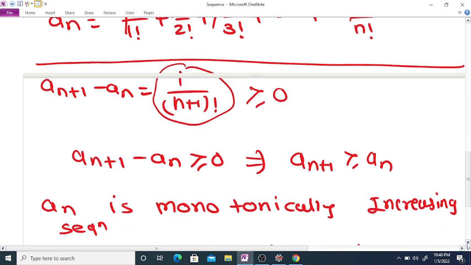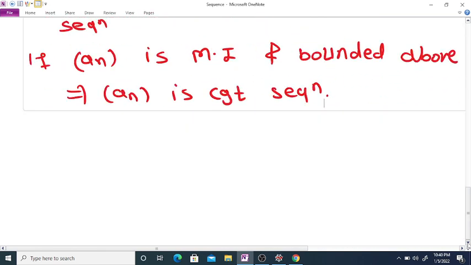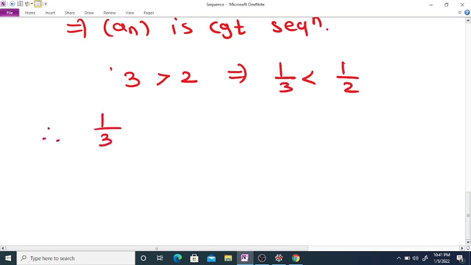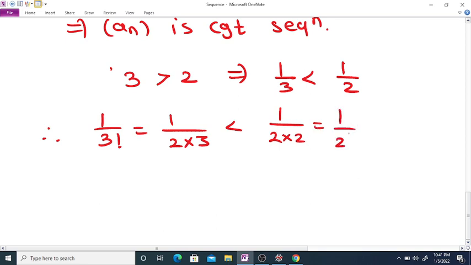So we know that 3 is greater than 2. From this we can write 1 by 3 is less than 1 by 2, and therefore 1 by 3 factorial is equal to 1 divided by 2 into 3, which is less than 1 divided by 2 into 2, which is equal to 1 divided by 2 raised to 2, because 1 by 3 is less than 1 by 2.